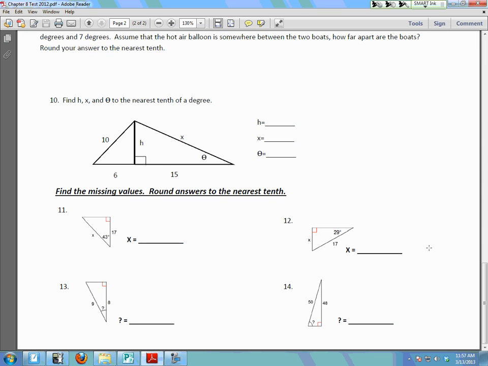Okay, these last questions. We're looking for x here. If I think about the angle that they gave me right there, x is the hypotenuse, 17 is the adjacent side. So I'm going to say cosine of 43 degrees is equal to adjacent over hypotenuse. Cross multiply, I end up getting x to be equal to 17 divided by cosine of 43.